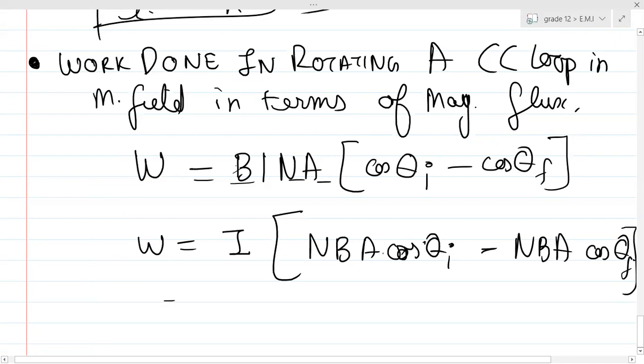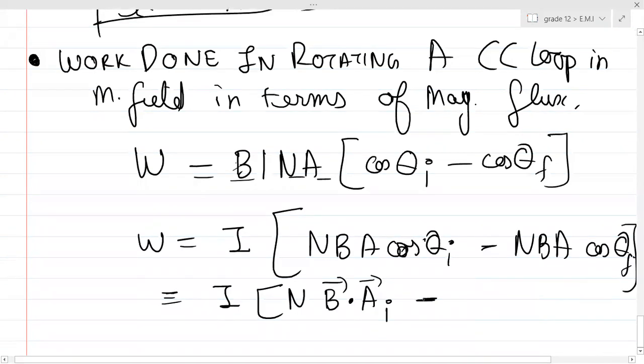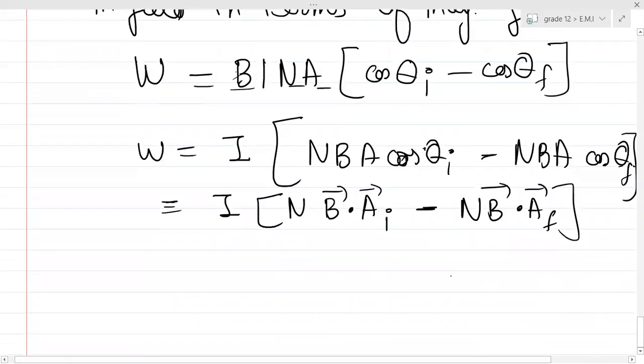So basically, can I write this as I into N B dot A I, initial area vector, minus N B dot A F, final area vector? Can I say it like this? This was the initial angle, so this is the initial area vector and this is the final area vector, right?